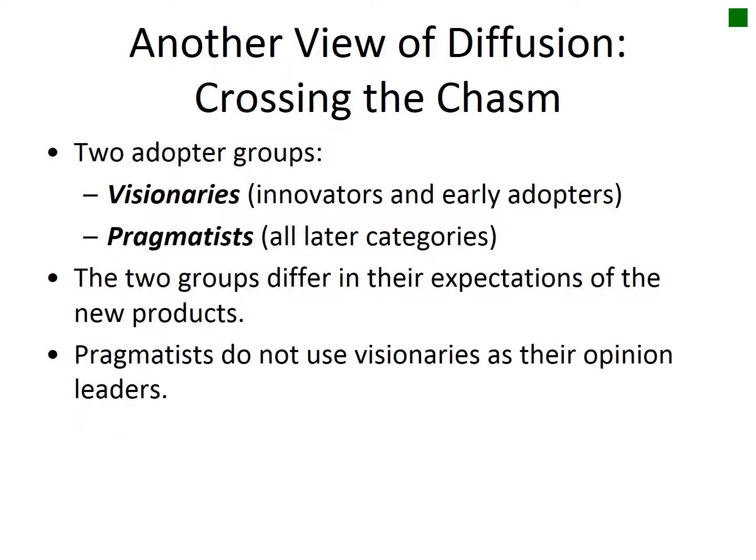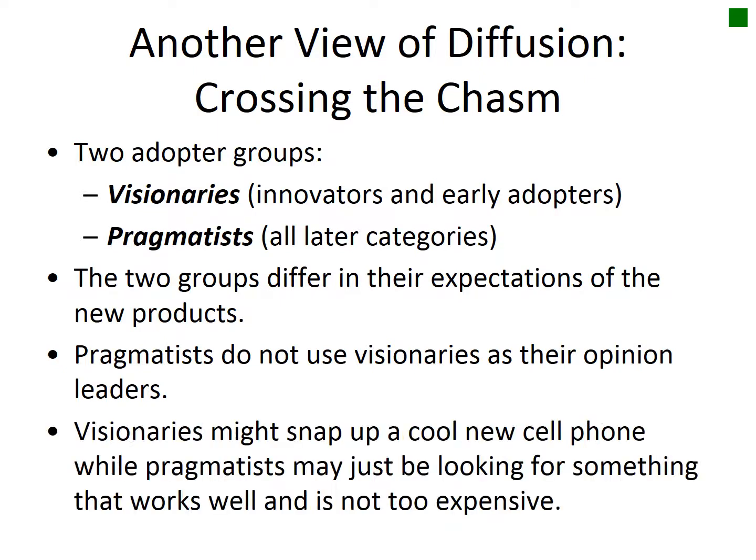Pragmatists do not use visionaries necessarily as their opinion leaders. They still rely on a lot of outside experience, not necessarily from visionaries, but from proof or evidence that the product is going to work in use. They need to see a product that is being used, that will last, that has some permanence before they jump in.